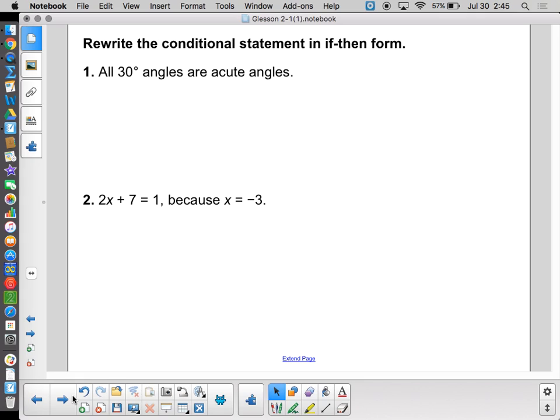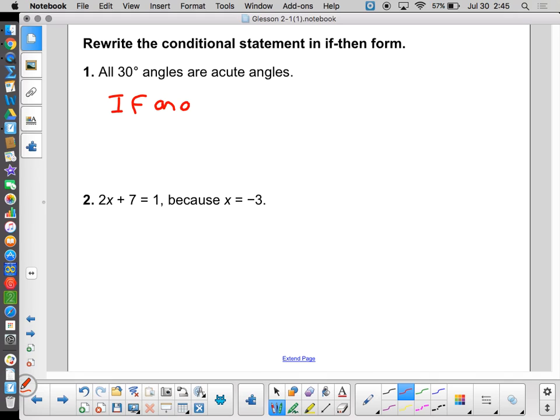All 30-degree angles are acute angles. So if an angle is 30 degrees, then it is acute. 2x plus 7 equals 1 because x equals -3.